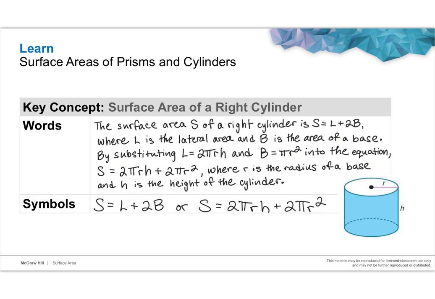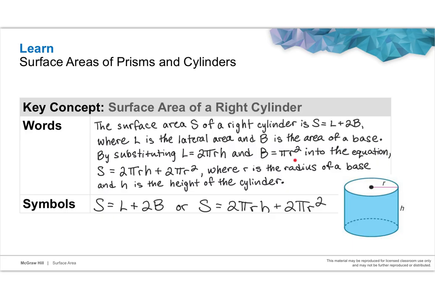If we want to continue and find the surface area of a right cylinder, this is on the next page, the surface area is going to be L, the lateral area we just discussed, plus 2 capital B's. So that is the area of the base. And so we know that the area of a circular base is pi r squared.